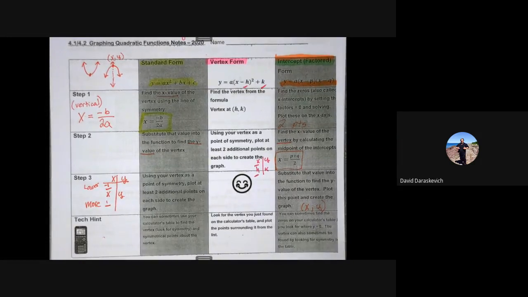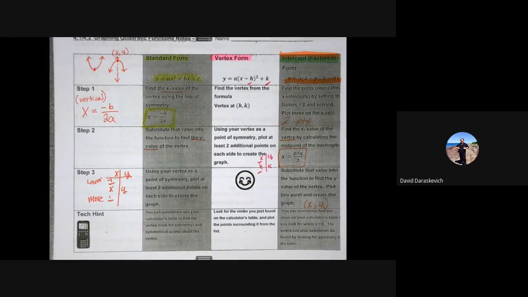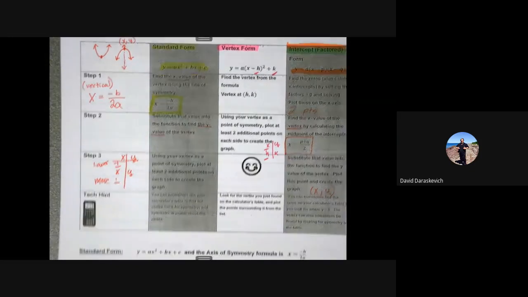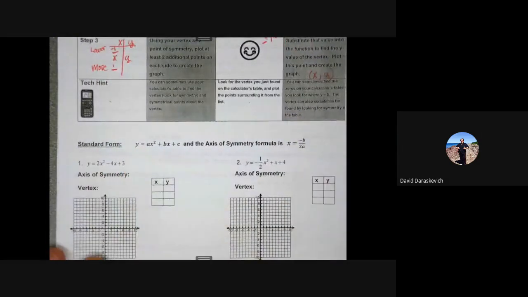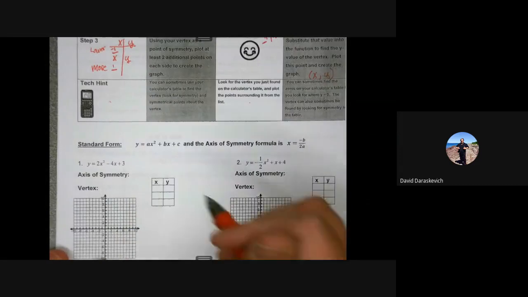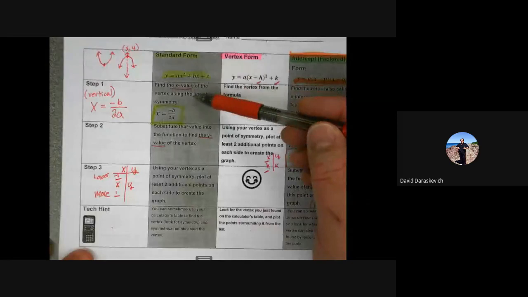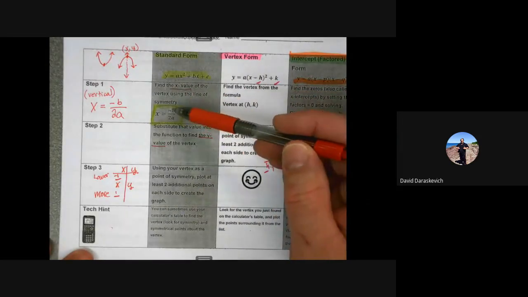Let's see, problem number one. It's in standard form, so we don't really have to determine that because it says so. So we need to find the axis of symmetry first. Remember, the axis of symmetry for standard form, that's step one by the way, is x equals negative b over 2a.